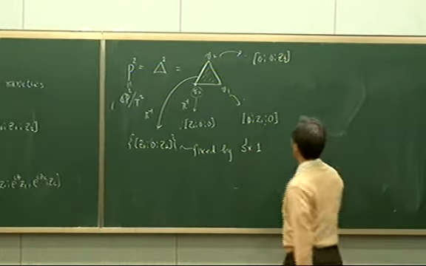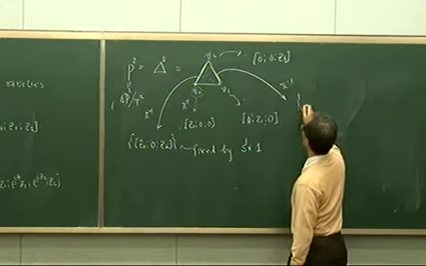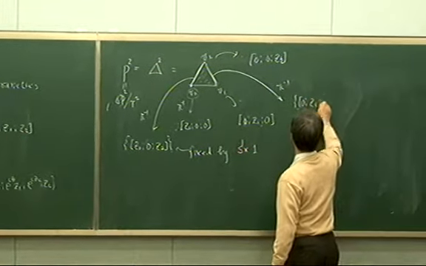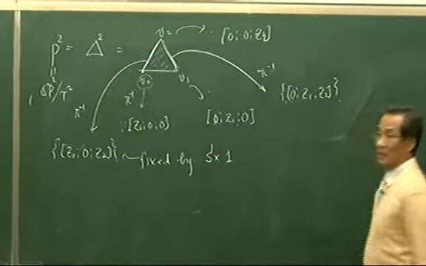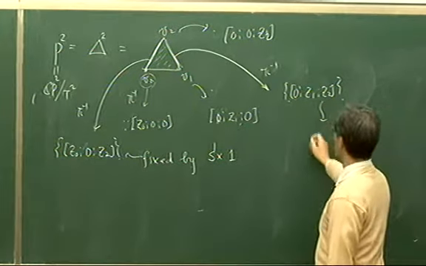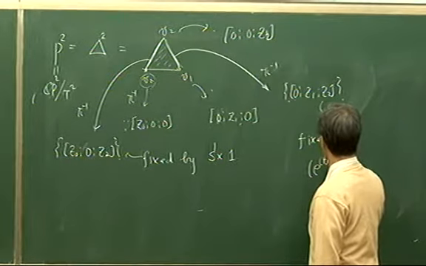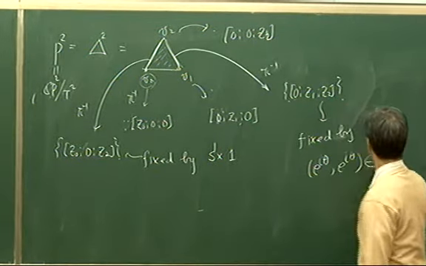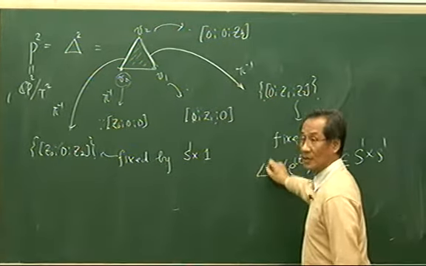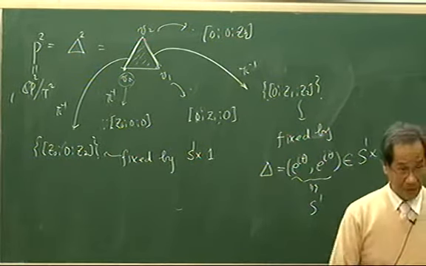This face's inverse image is nothing but 0, Z1 and Z2, and this is fixed by a diagonal circle action, which is isomorphic to a circle, but only a diagonal circle subgroup.